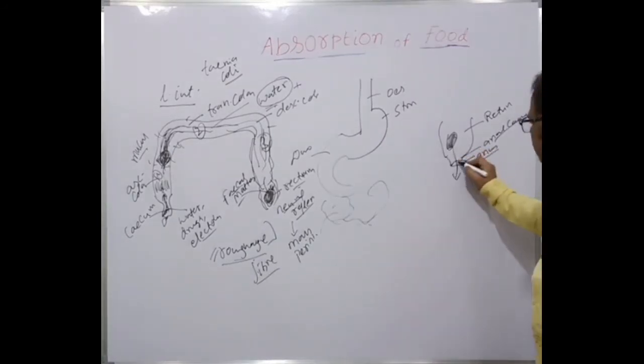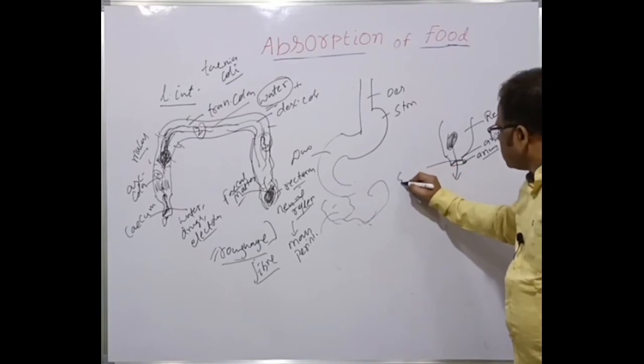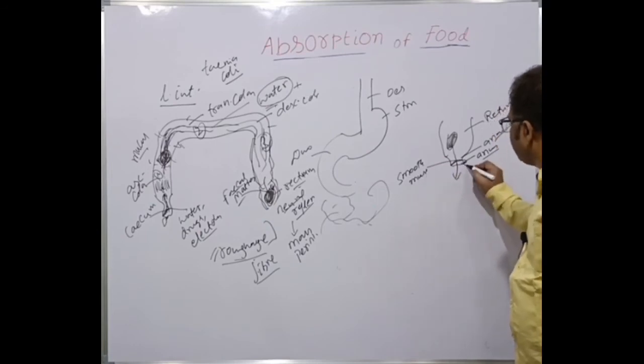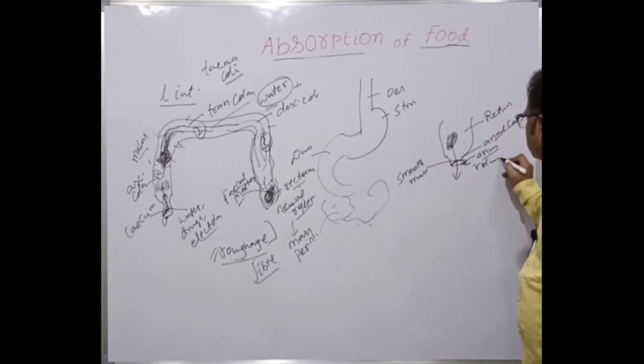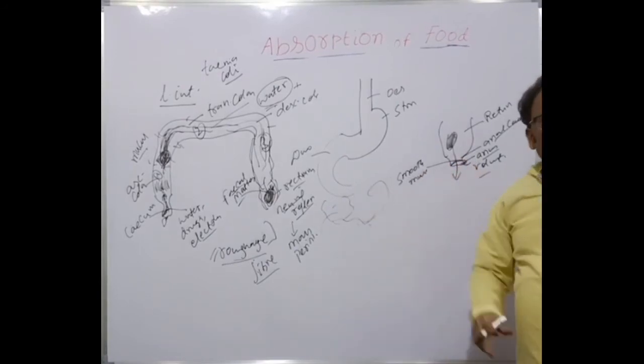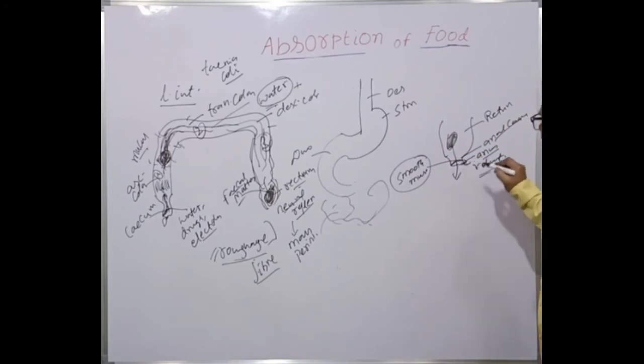And this anal canal is lined internally by smooth muscles, or involuntary muscles, and outside by voluntary muscles, striated muscles.